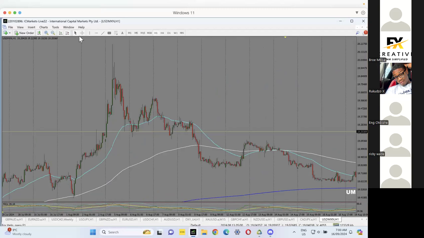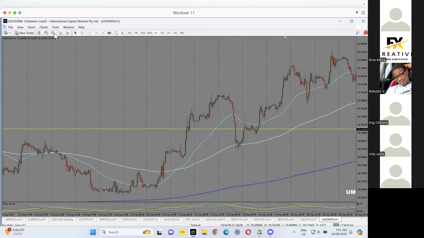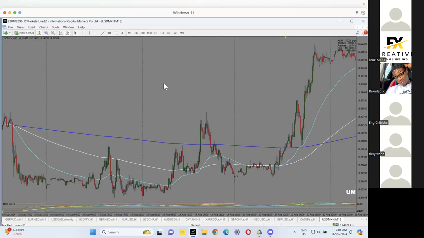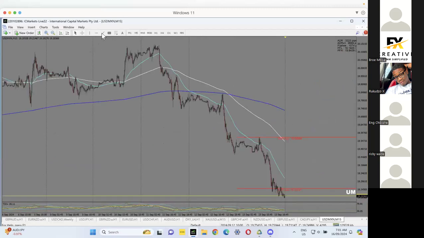Right, you've got USD MXN. This is a very nice cycle right here. Can you see what it did? So this is Friday, Thursday, Wednesday, Tuesday, and Monday. So you've got Monday starting here, all right? So already you know what your higher time frame weekly candle is doing.